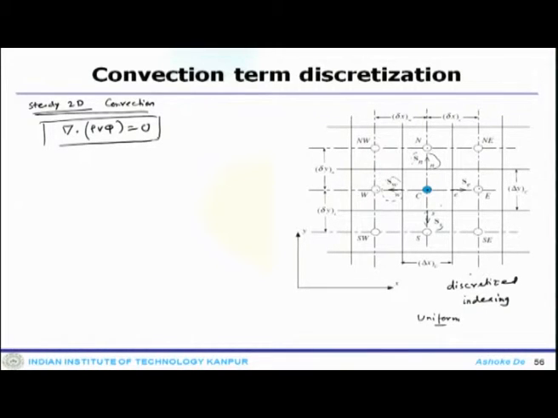And there are the distances between the cells. These are standard grid related information that we have been using since the beginning.